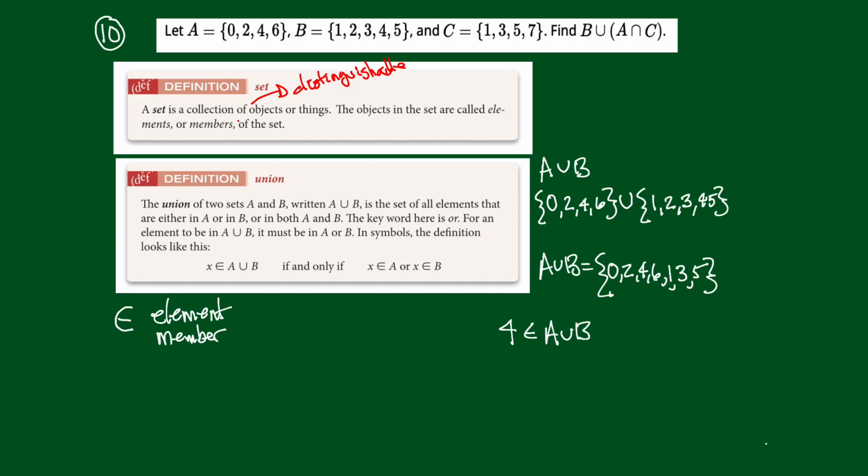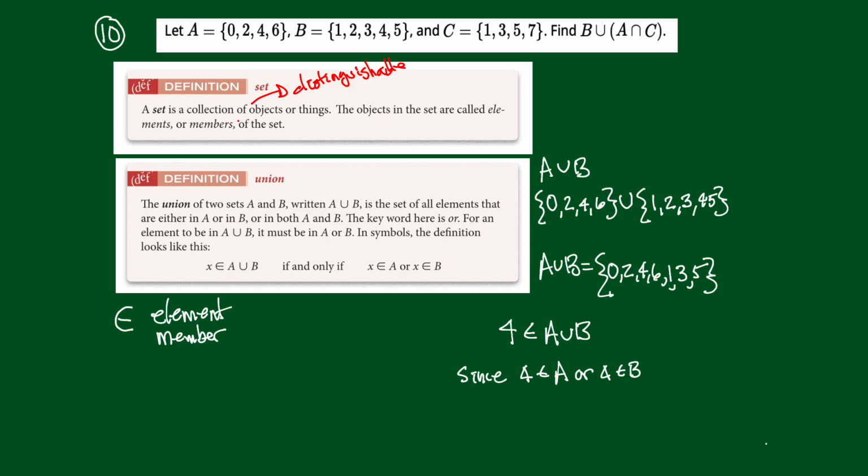Since 4 is an element of A, or 4 is an element of B. Is it true? Is 4 in A or B? I look at A. Yeah, 4 is in A. And it turns out it's in B. So it is in at least one of those.